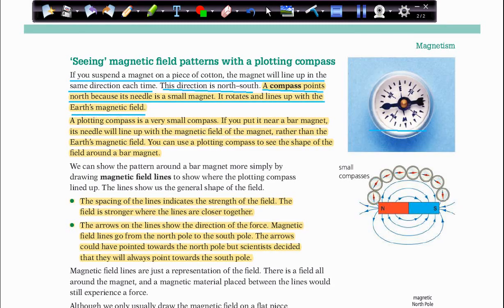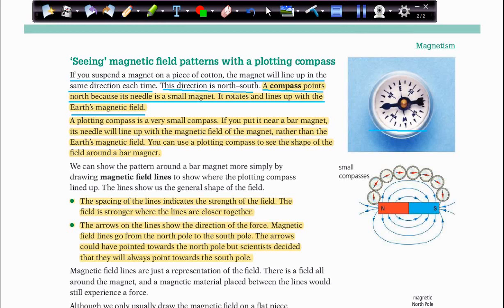I mentioned in the properties of magnets last time that the North Pole of a magnet is always attracted to the Earth's North Pole, and the South Pole of a magnet always lines up with the Earth's South Pole.